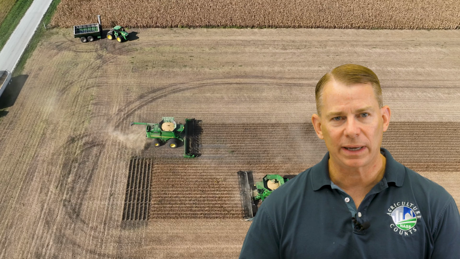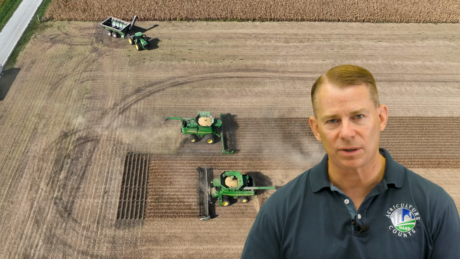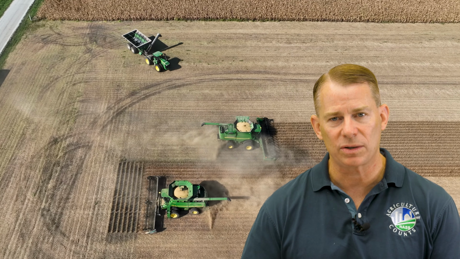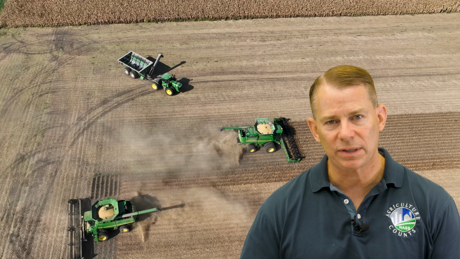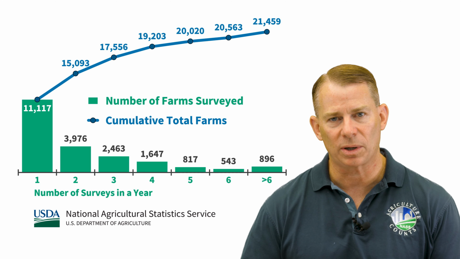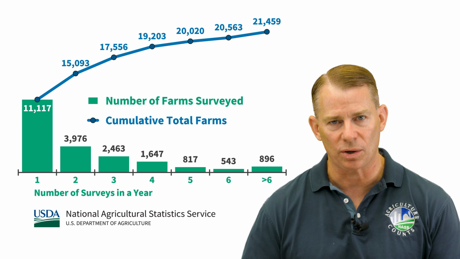At NASS, we recognize that everyone's time is valuable and hence strive to minimize the number of contacts made each year and the time required to report information on our surveys. We achieve this goal by using efficient sampling designs. This chart shows how many Illinois farms are being contacted for NASS surveys in a typical non-Census of Ag year.